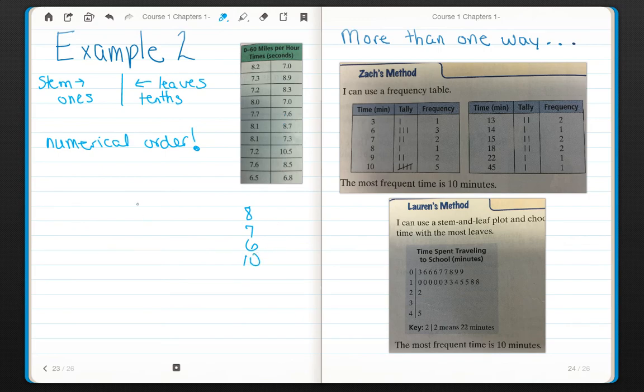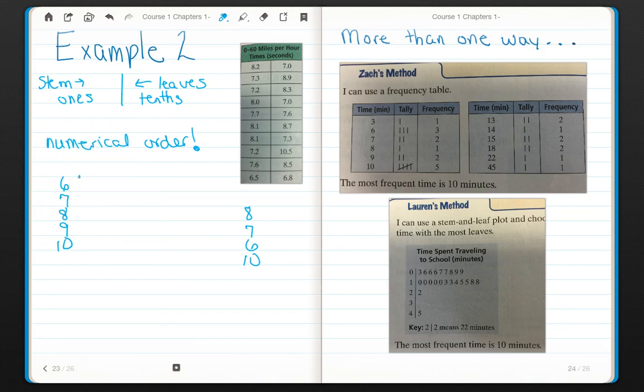So I'm going to write my stems. 6, 7, 8. I'm going to include 9, even though none of those times are 9 seconds. I'm going to include the 9 anyway. They need to be in numerical order. I can't just skip a number.